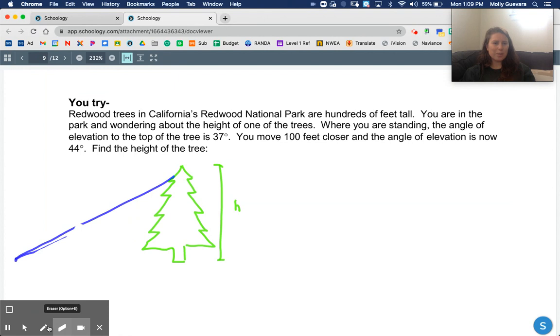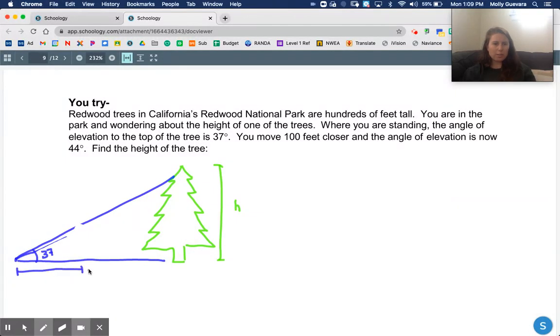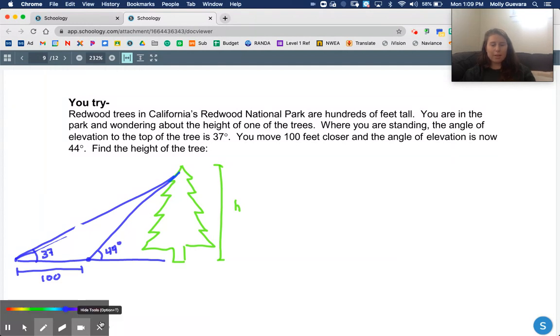You look up at the top of the tree, and the angle of elevation is 37. Cool. Okay, then you move 100 feet closer. And now the angle of elevation to the top of the tree is 44. And you want to find the top of the tree, or the height of the tree.